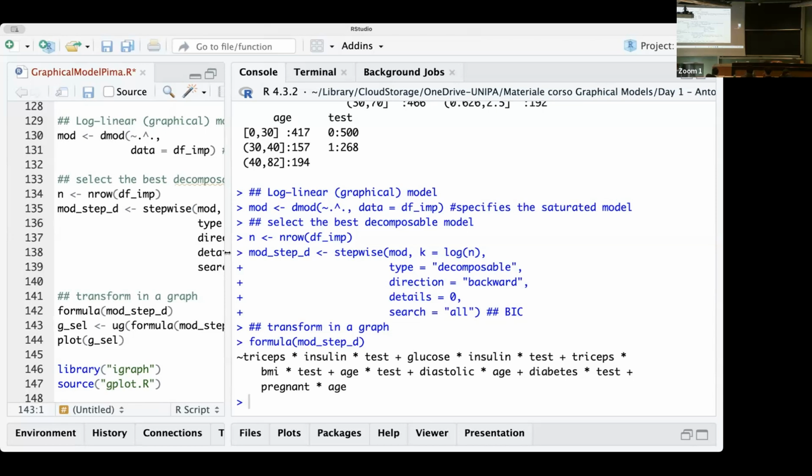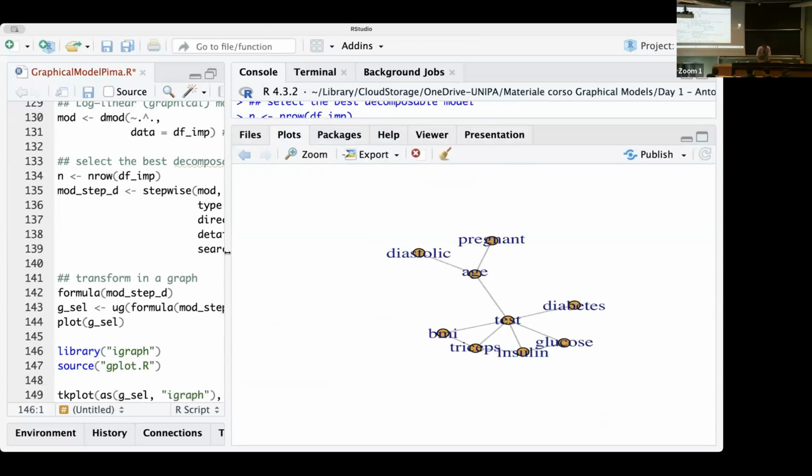I want to represent this one because like this, it's a bit difficult to see the graph. If you want some information about the code, just ask. The code is there. I'm trying to give you some hints about the model.